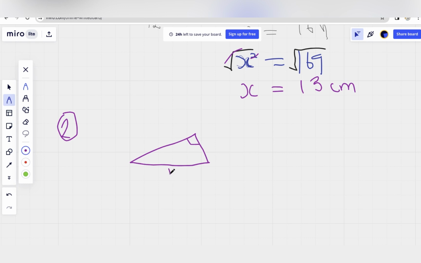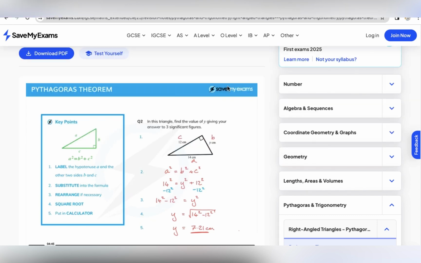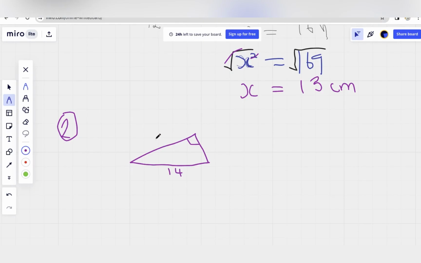Here is 14 centimeter, and here is 12 centimeter. And here is y centimeter. Now they want us to find y.